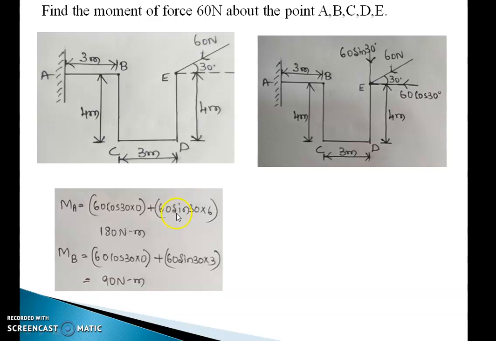So 60 sin 30 into 6 is the moment, plus or minus, anticlockwise or clockwise. For that, fix a point at A and apply this force. It is acting downward, so about A it will cause clockwise movement. So plus 60 sin 30 into 6. So the entire answer works out to be 180 Newton meter.